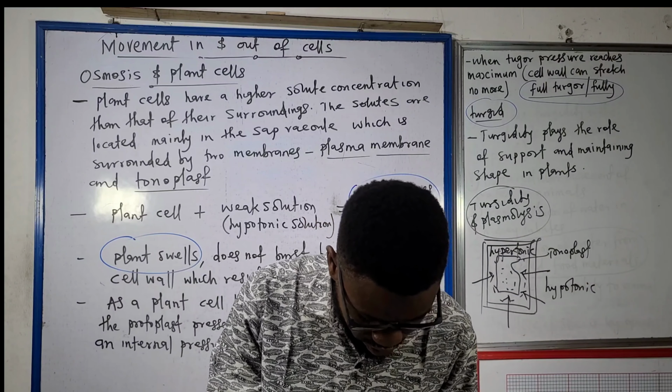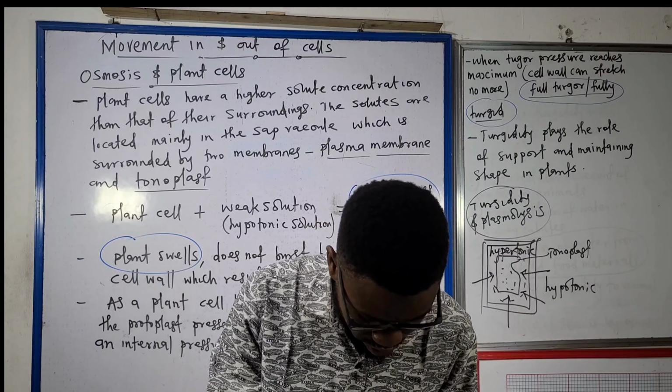In the second case, talking about plasmolysis, or what we call flaccidity, which is going to be shrinkage this time around. If a plant cell is allowed to stand in a hypertonic solution, so let's say we have a plant cell, the inside of the plant cell is hypotonic, the outside is hypertonic.